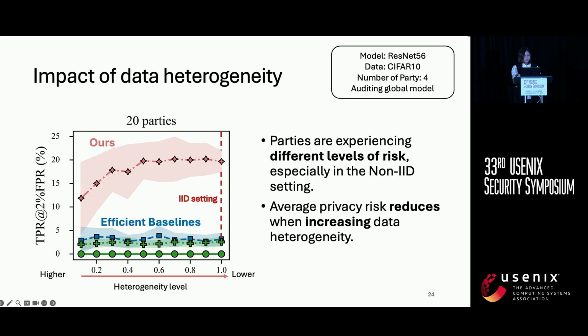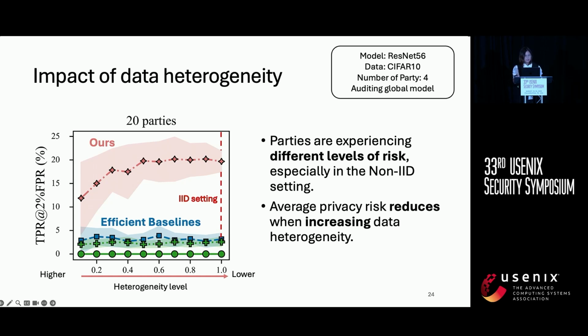We also study how the data heterogeneity affects the privacy risk. Here, I present the average privacy risk across 20 parties, and along with their standard deviation. If we look at the non-IID setting on the left, the standard deviation is much larger than the IID setting on the right.